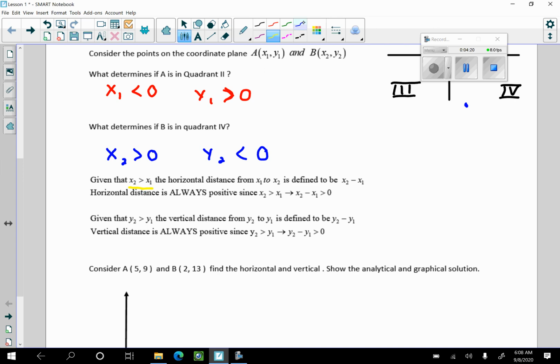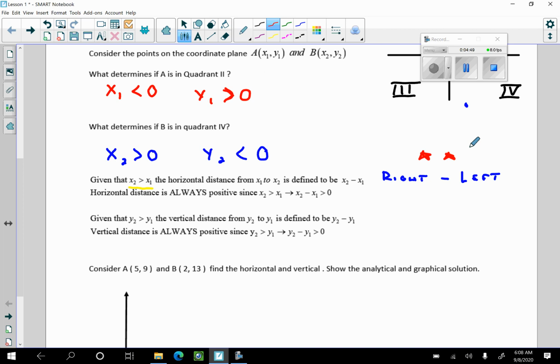So another way to write this is the rightmost x point minus the leftmost: right minus left. This will pop up in calculus a lot. Right minus left. If x sub 2 is greater than x sub 1, that says that x sub 2 is right of x sub 1. So this is right minus left, and we're going to put a couple stars on this. This is important, right minus left, very important.